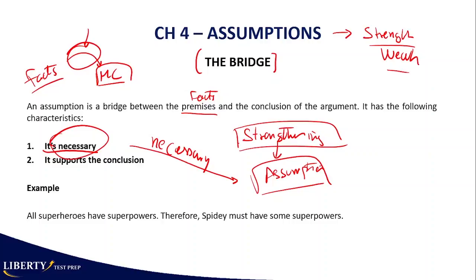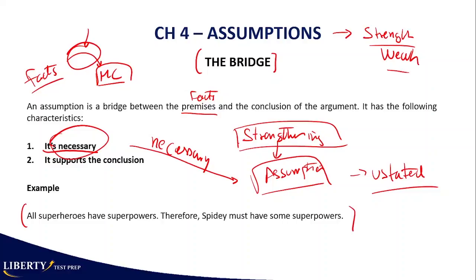It falls down, okay? So the assumption is very important. It's a piece of information that is unstated. It hasn't been mentioned by the author, but must be true in order for the whole argument to be true. If the assumption is not true, then that argument doesn't hold. That's the thing, okay?